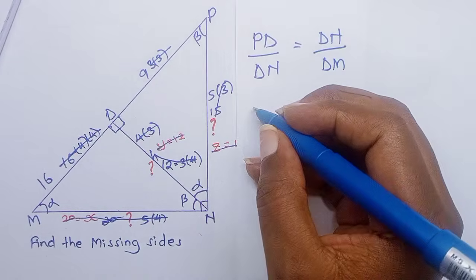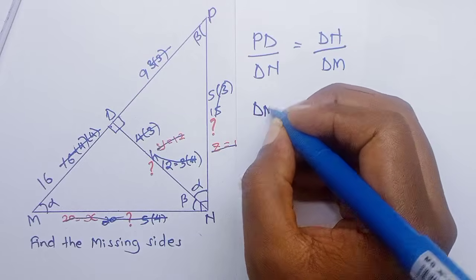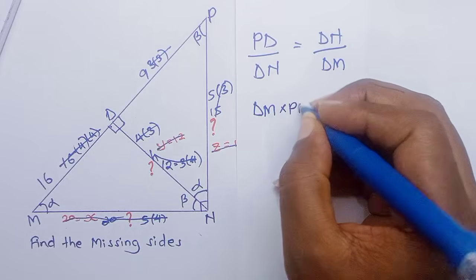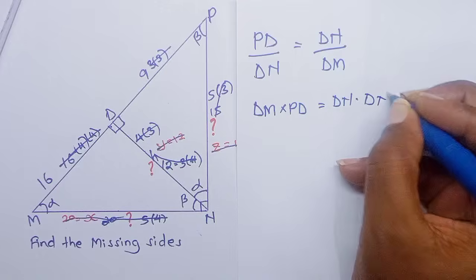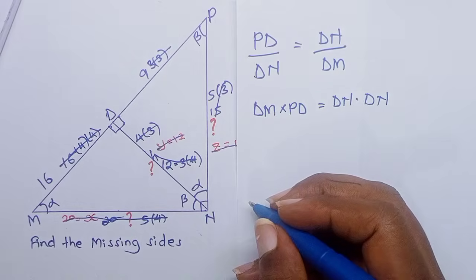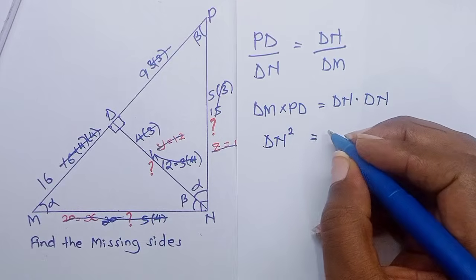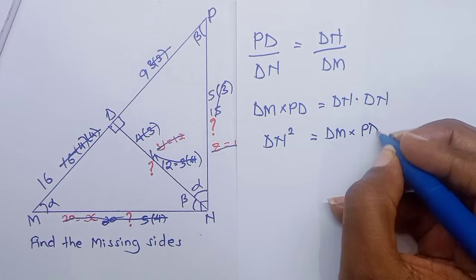Okay, so this will give us DM times PD being equal to DN times DN. So we shall have DN squared being equal to DM times PD.